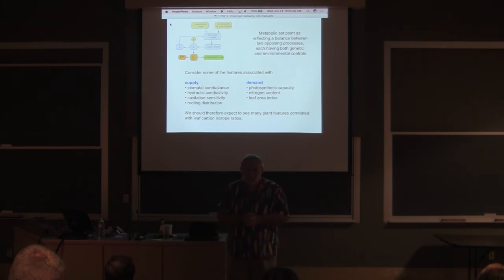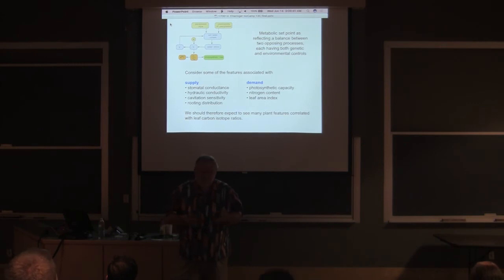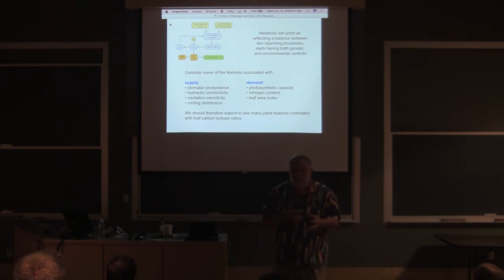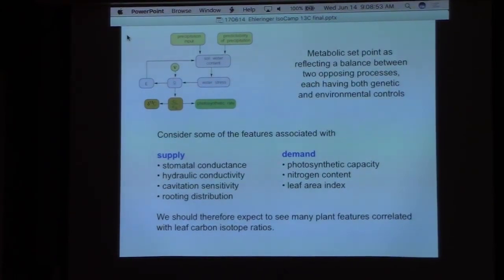And we all like to go out and do our own particular study, and when we do that, we find that certain traits are affiliated with variations in carbon isotope ratio, suggesting that there are some relationships between form and function and how a plant's operating. So we can think about factors that will affect the supply of CO2. I mentioned stomatal conductance.